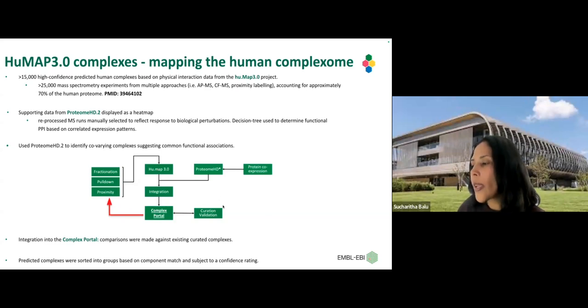We're continuing to curate and validate these predicted complexes where possible. The whole point of this project was an effort to map the human complexome. So we really hope to continue working on this and improving and refining this model, and also hopefully move on to other species.